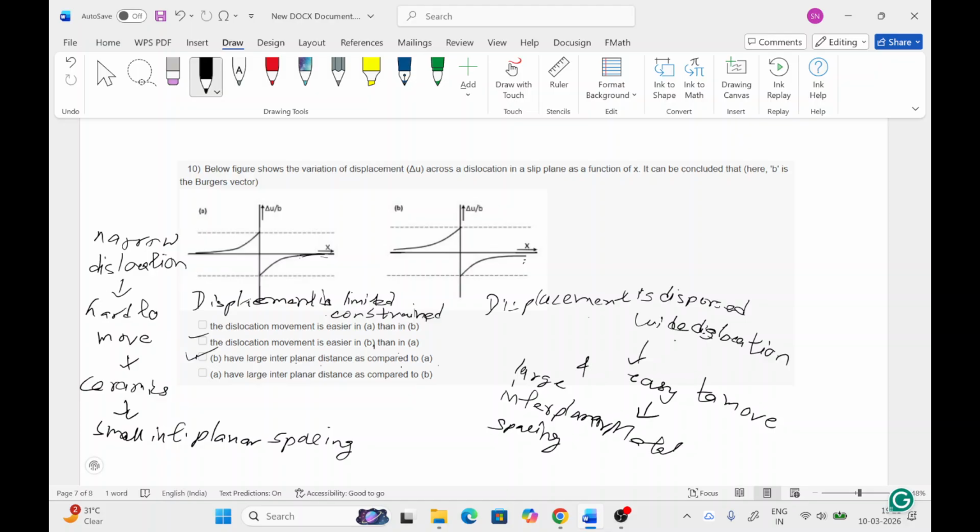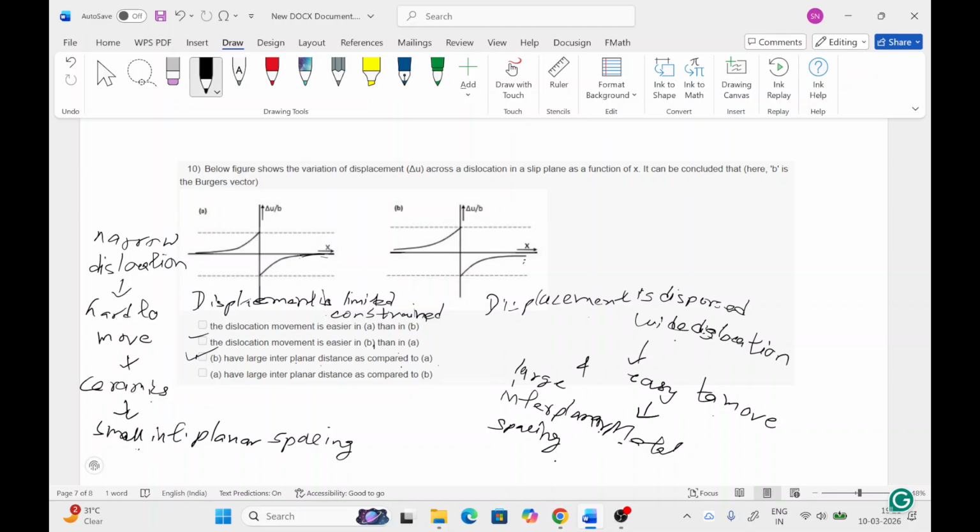So narrow dislocations require very high stresses to move. So they are hard to move, and this is generally found in ceramics, and elements which have small interplanar spacing also have narrow dislocations. But wider dislocations are easy to move, and they have larger interplanar spacing.